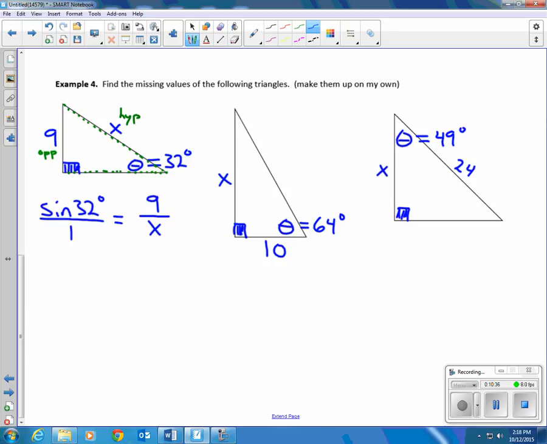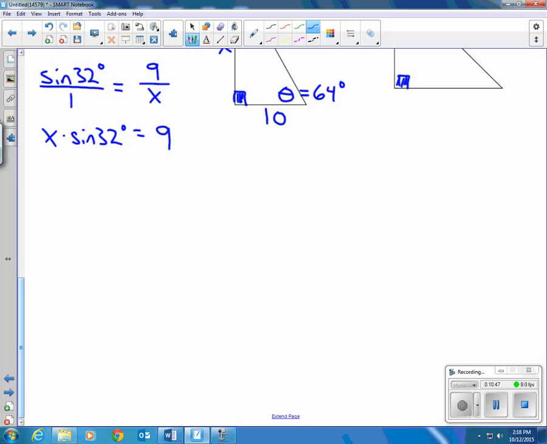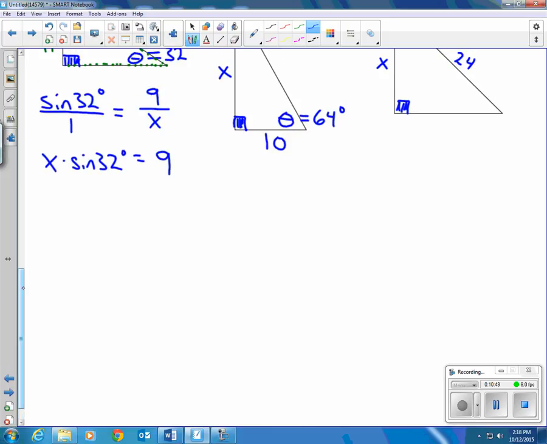I will take x times the sine of 32. x times the sine of 32 is equal to 9. How would I then solve for x? Divide by the sine of 32. Divide both sides by the sine of 32 degrees. So x is 9 over the sine of 32 degrees.